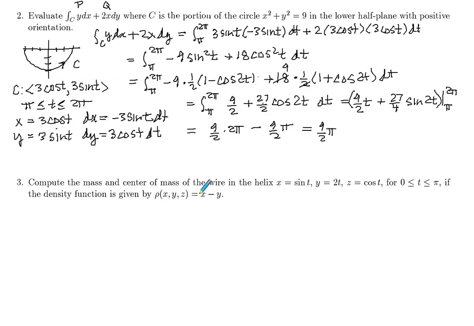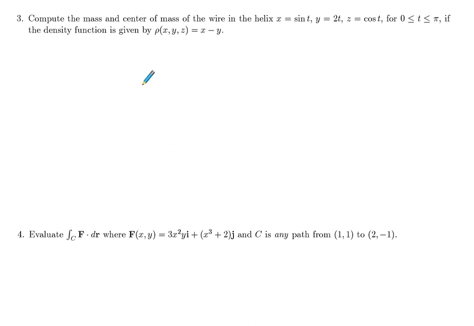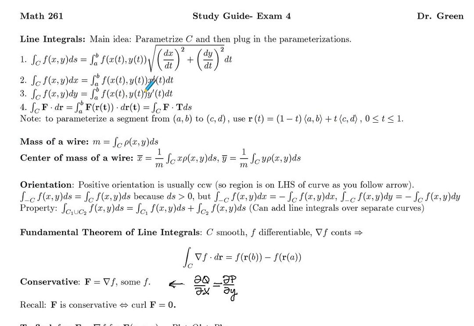Now we're computing mass and center of mass of a wire. Okay, so remember the mass and center of mass formulas here. So mass of a wire is the integral of the density ds, and then the x-coordinate of the center of mass is 1 over the mass integral x rho. Y-coordinate is 1 over mass integral y rho.